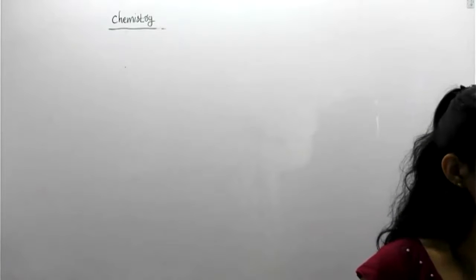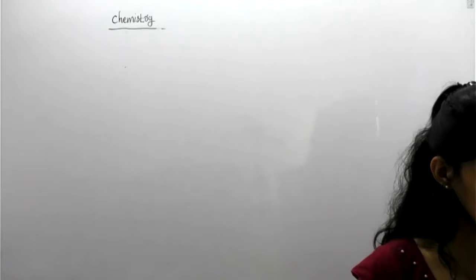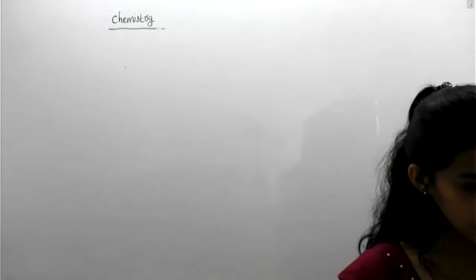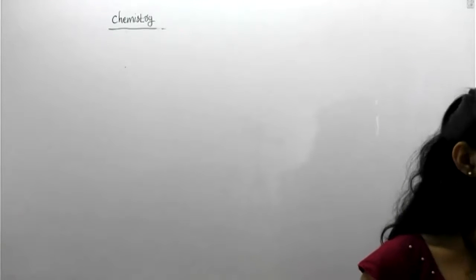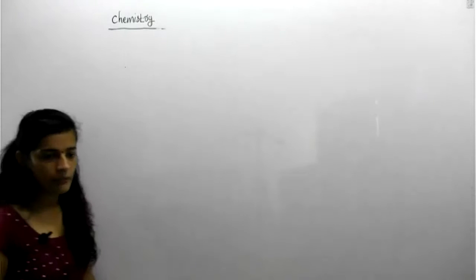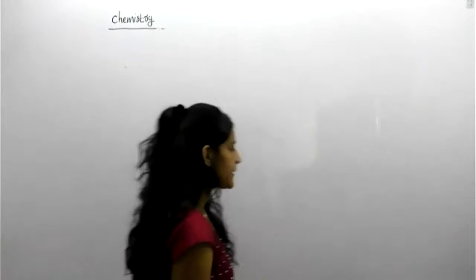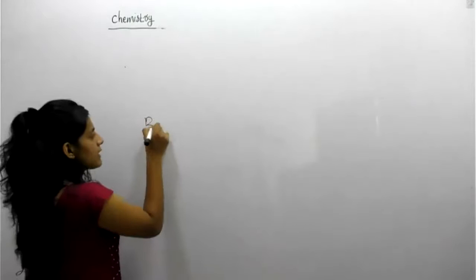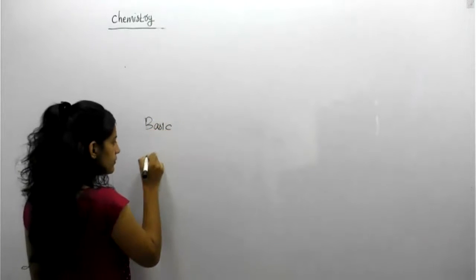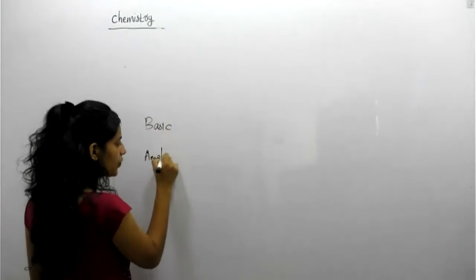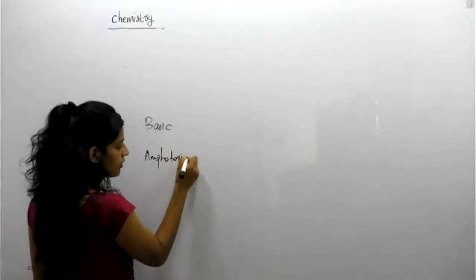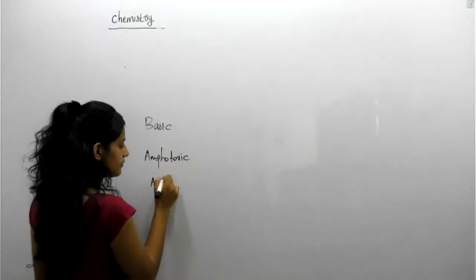Shavna, you are right. So something that behaves as both basic and acidic in nature, that condition is called amphoteric. Suppose basic condition, amphoteric condition, and then acidic condition.